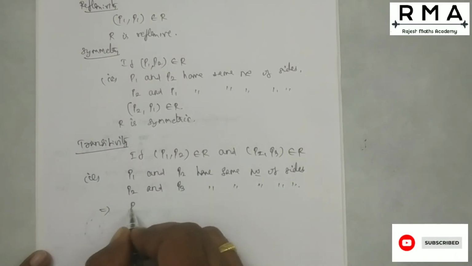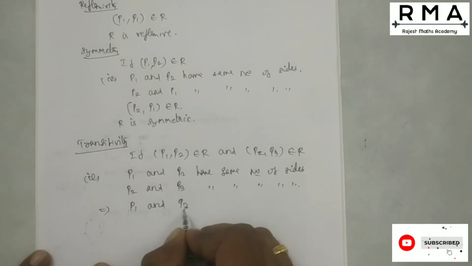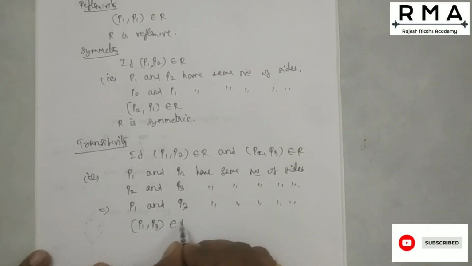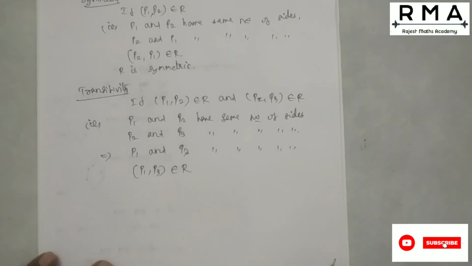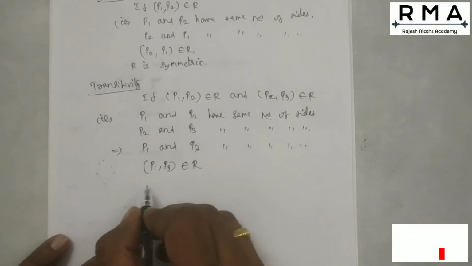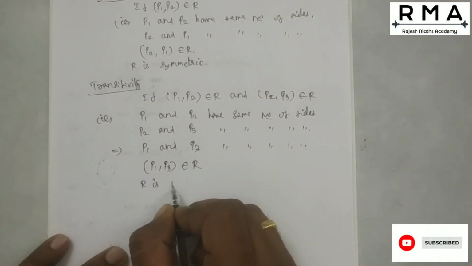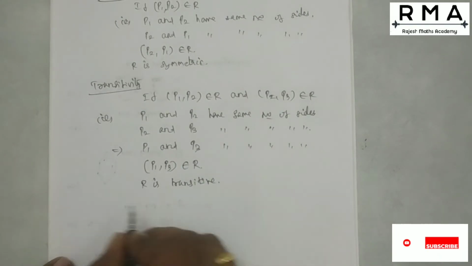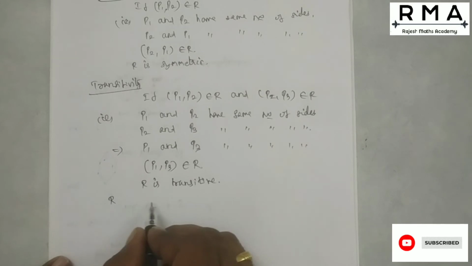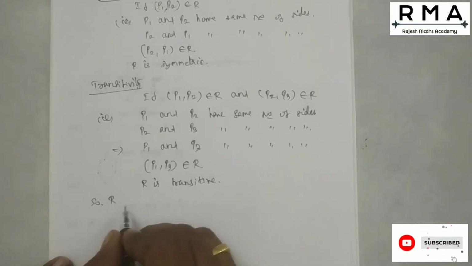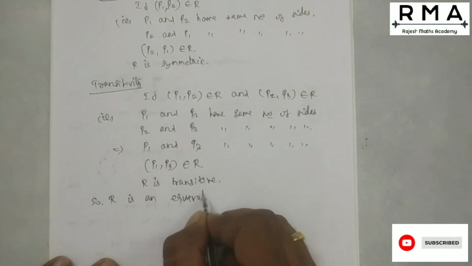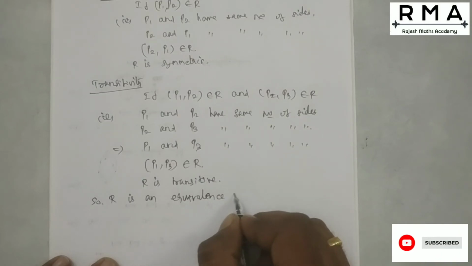This implies P1 and P3 have the same number of sides, so clearly I can write (P1, P3) belongs to the relation. So we can decide R is a transitive relation. R is reflexive, symmetric, transitive. Therefore R is an equivalence relation.